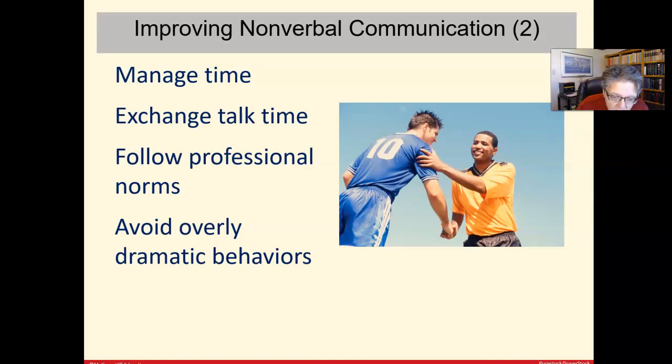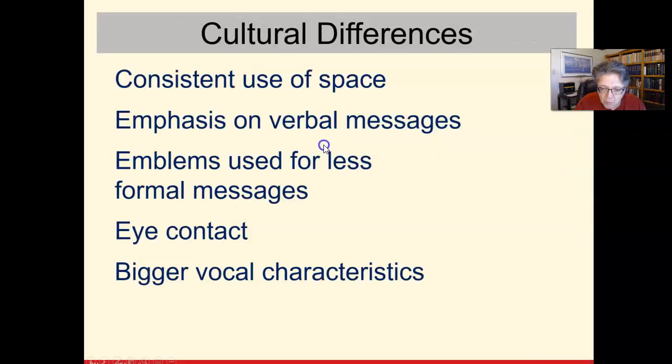How you exchange talk time, using some of the pragmatics of communication. Also follow professional norms and avoid overly dramatic behaviors in your nonverbal communication. Also understanding that there are cultural differences in the way that we communicate.